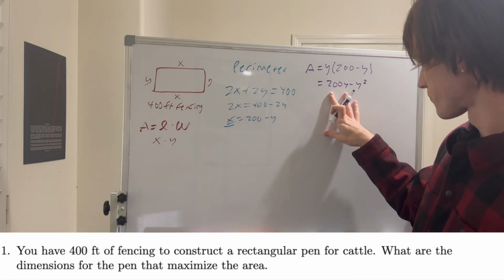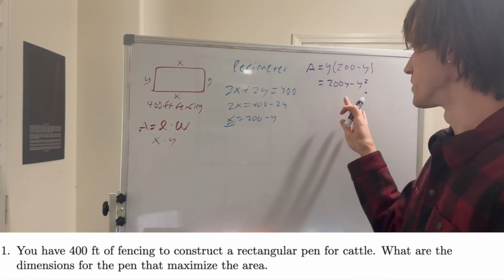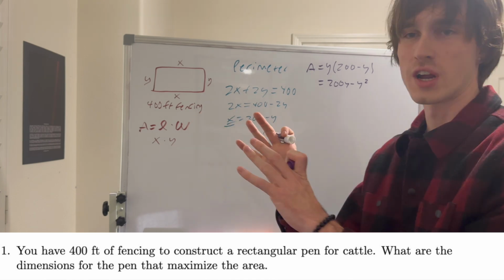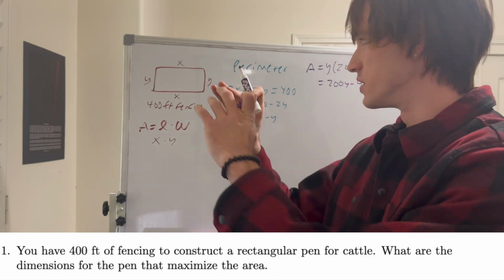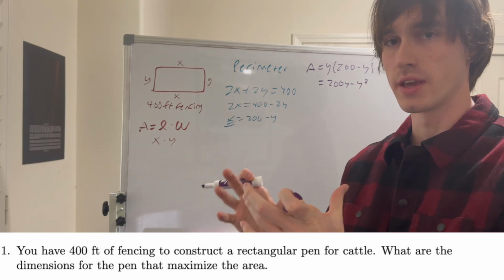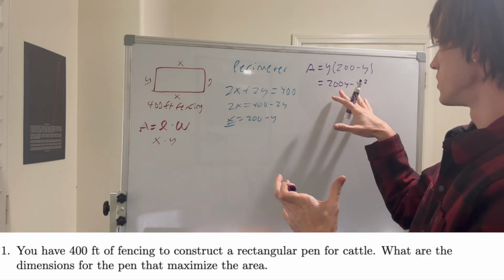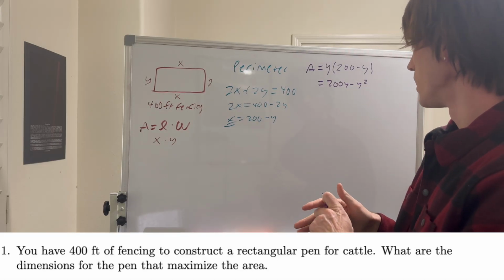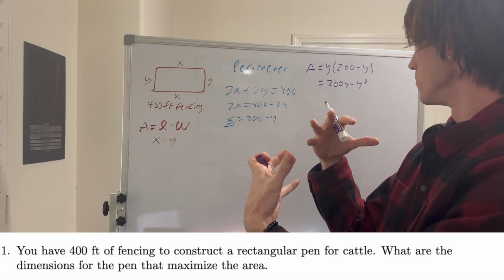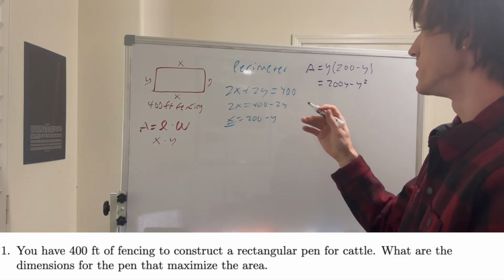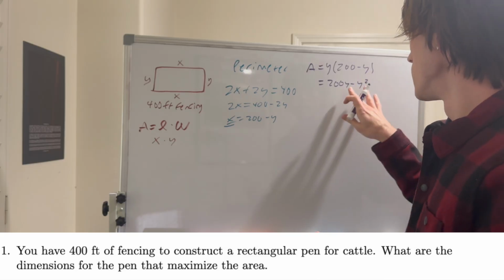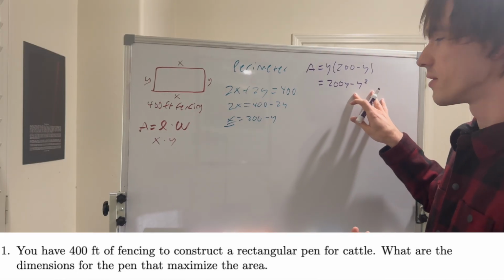Now, there's something you can note at this particular point. Remember, we're trying to find the maximum of this rectangular pen. We want to maximize the area. This is a hint, or a way that you can tell that you're getting the maximum of something. You see this negative y squared right here?